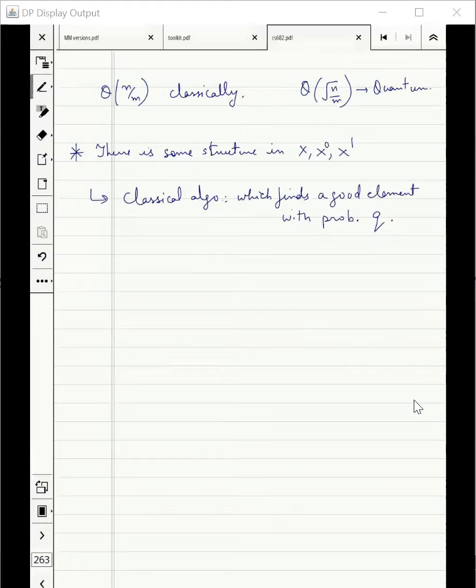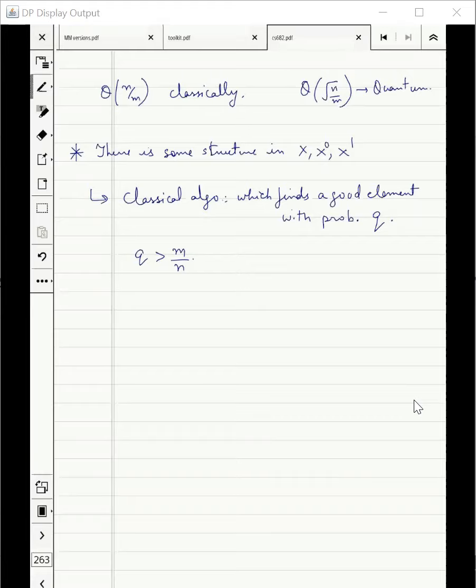Clear? And obviously q is better than 1 by m. Suppose someone claims that there is some structure in the search problem, wherever you were searching, some part of it was sorted, some part was special, we don't know. Some kind of structure was there, but that structure allows some classical machine to find a good element with probability q.